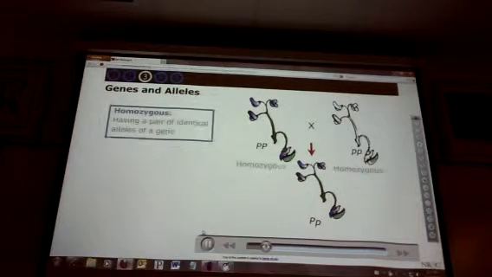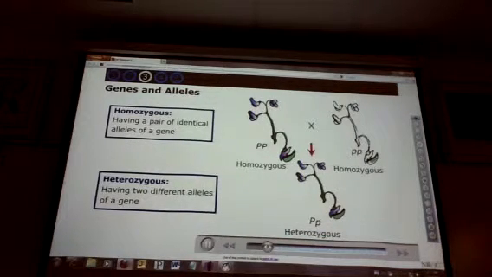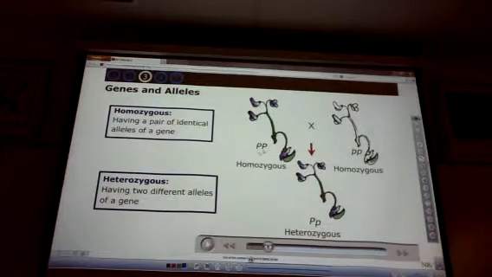An individual is homozygous if both alleles are identical, while a heterozygous individual has two different alleles. Again, key terms, okay? This is homozygous because both alleles are the same. This is homozygous dominant. This is also homozygous, though, isn't it? But this is homozygous recessive because both alleles are recessive. This is hetero because you've got a big P and a little p. There's different alleles there.